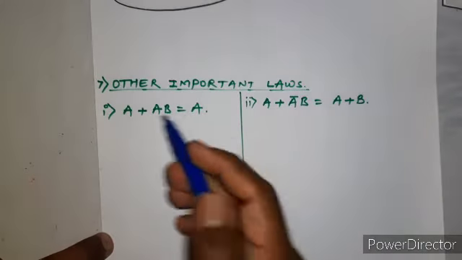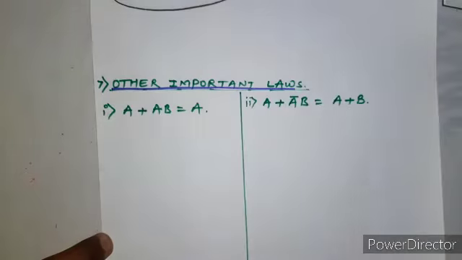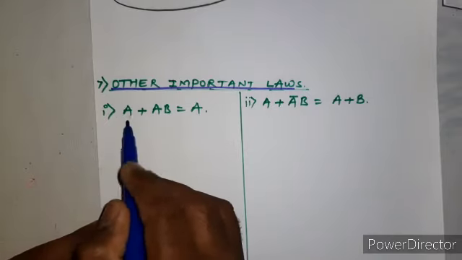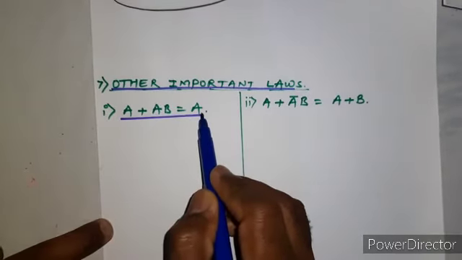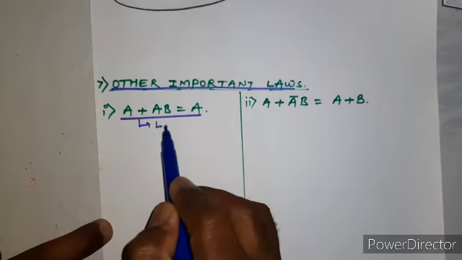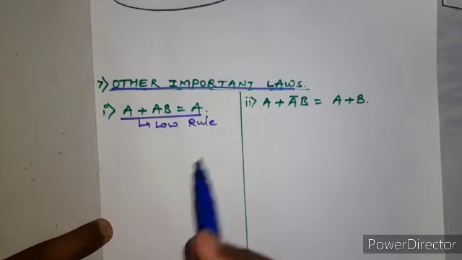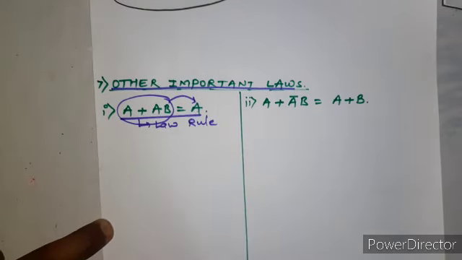In these laws also we'll be using those laws which we have seen earlier. This is one law where A plus AB is equal to A. This is a law or rule. Anywhere in the circuit, if you encounter this expression, simply replace it by A.